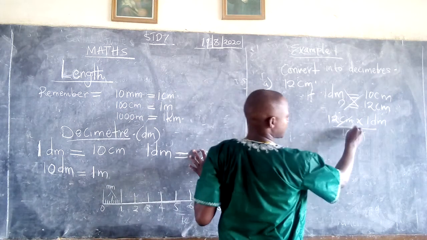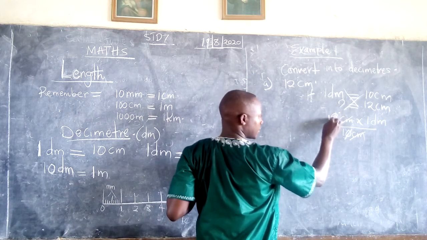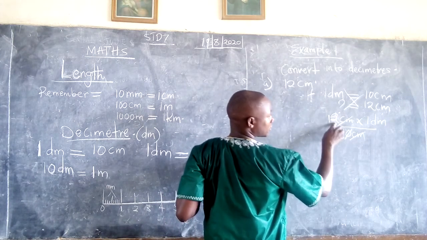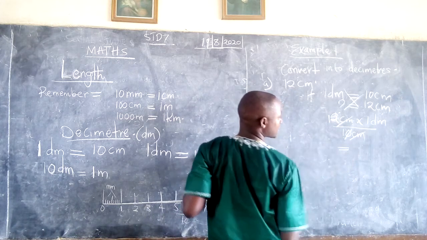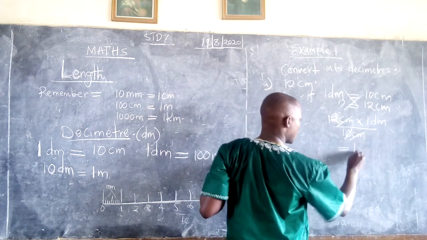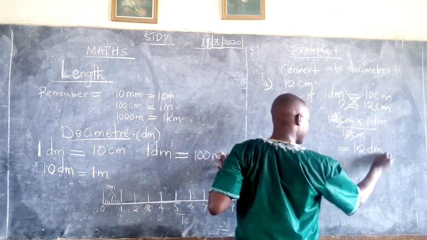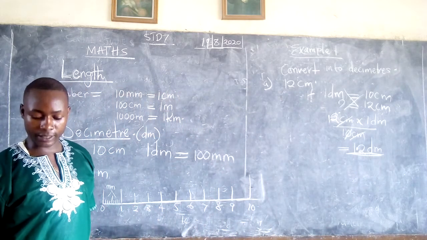Then this 0 moves the decimal to there. So we have 1.2 times 1 decimeter. Our answer becomes 1.2 decimeters.